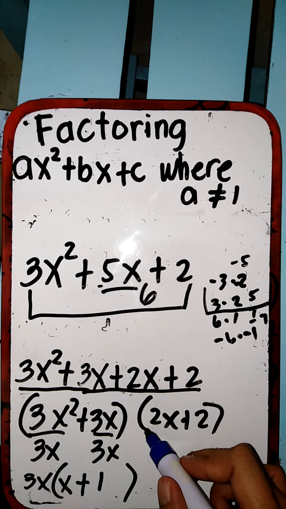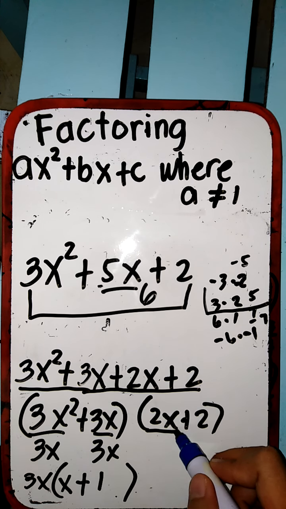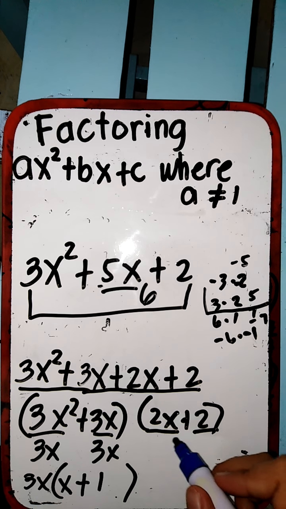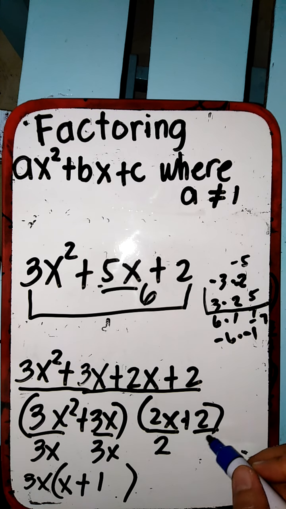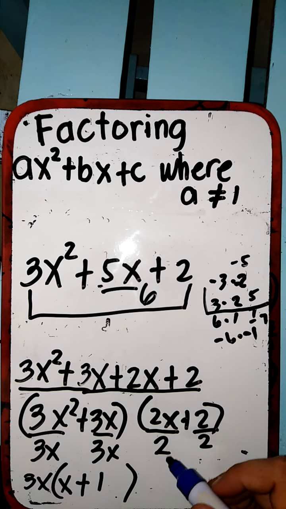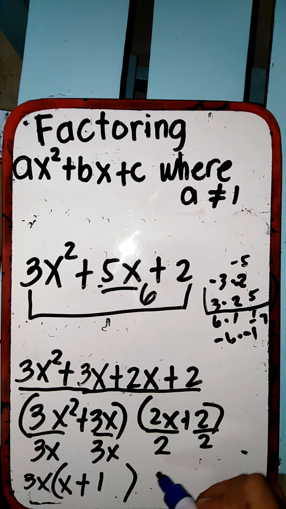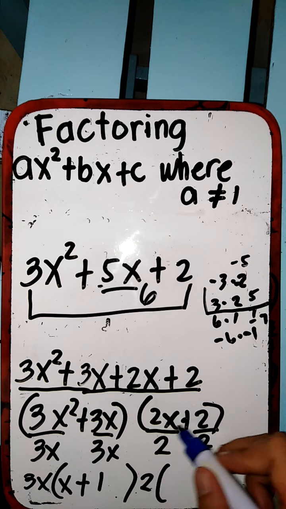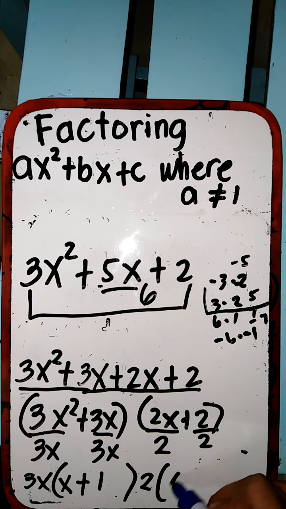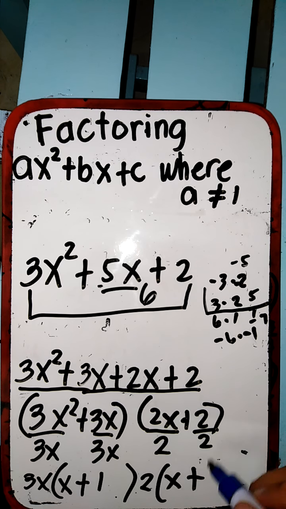And then, in our second group, 2x plus 2, what is their common factor? Their common factor is 2. So, we have 2 here. 2x divided by 2 is x. Plus, 2 divided by 2 is 1.